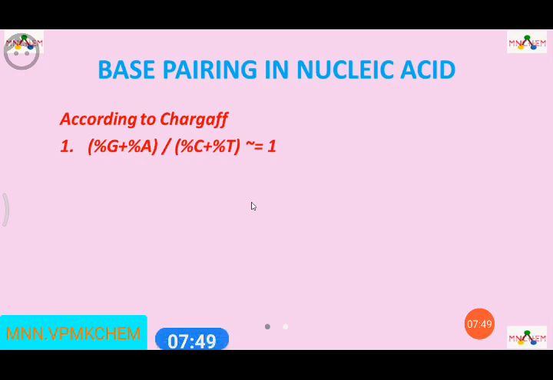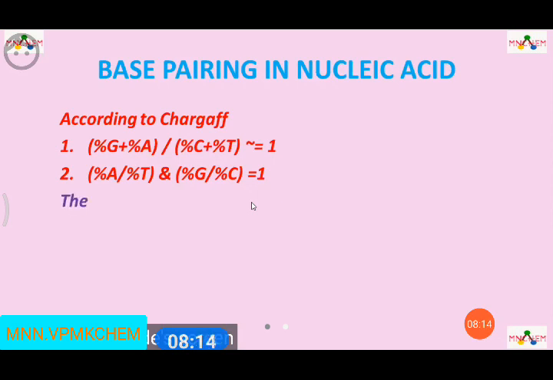The two rules given by Chargaff are helpful to understand this base pairing. The second rule says the ratio of percentage of adenine to percentage of thymine and the ratio of percentage of guanine to percentage of cytosine are equal to 1.